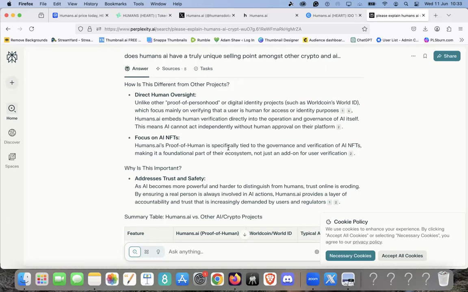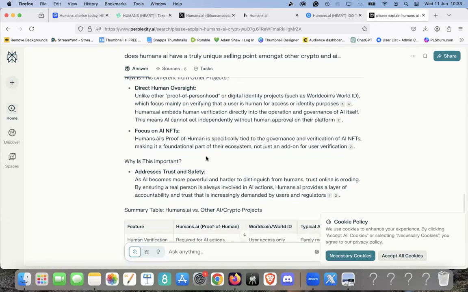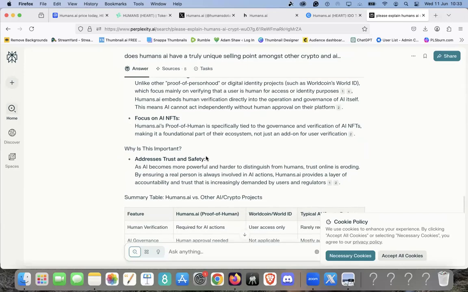So, how is this different from other projects? So, direct human oversight. Unlike other proof of personhood or digital identity projects, such as WorldCoin, which focus mainly on verifying that a user is human for access or identity purposes, Humans AI embeds human verification directly into the operation and governance of the AI itself.